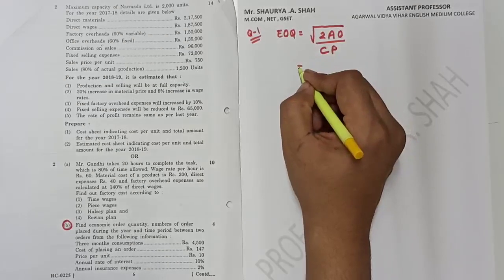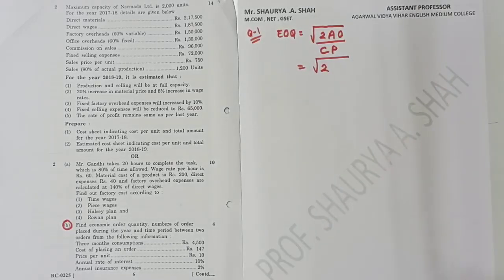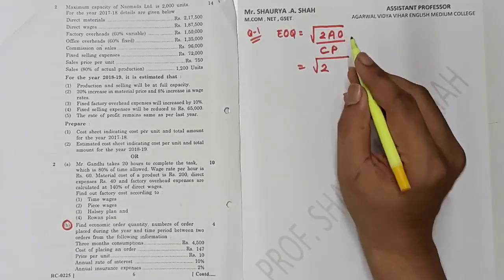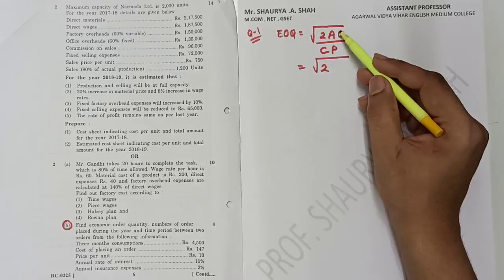Fine. So we'll be quickly starting with that part. What is the things under root 2 remains the same. Now dear students, what does A stands for? A stands for the annual consumption. Now we'll be quickly going through the sum first. What has been given in the sum? 3 months consumption is rupees 4500. Kindly note, students, here it is 3 months consumption, and what we are calculating, annual consumption.